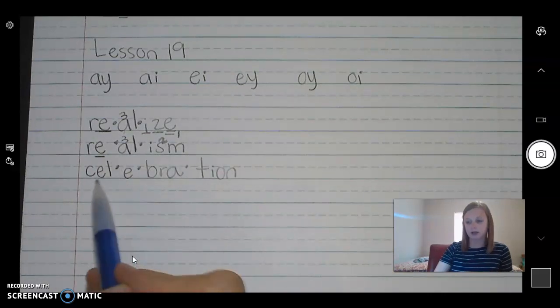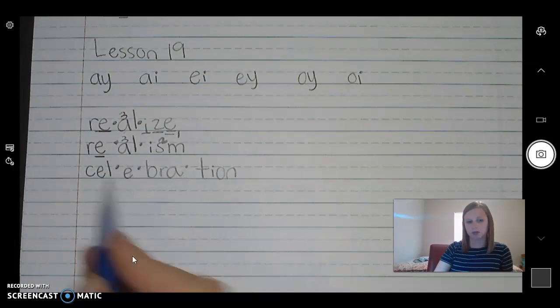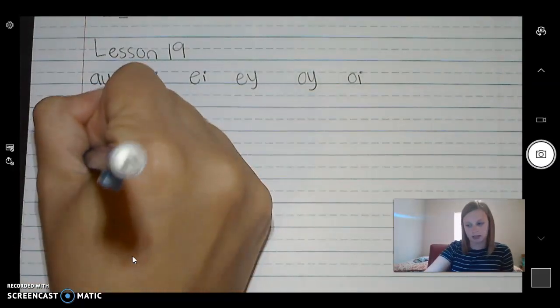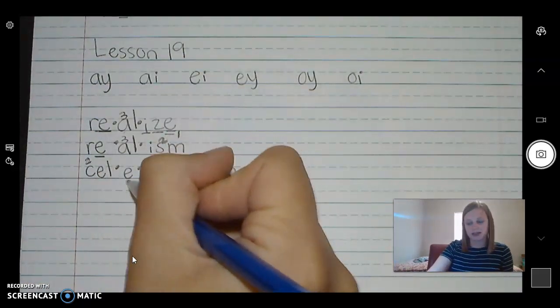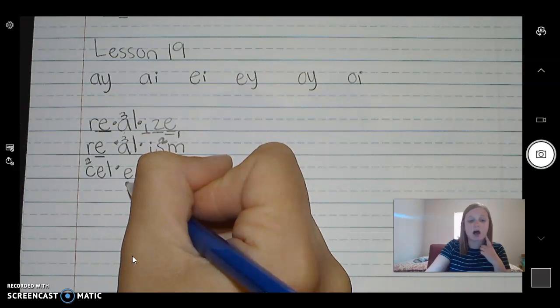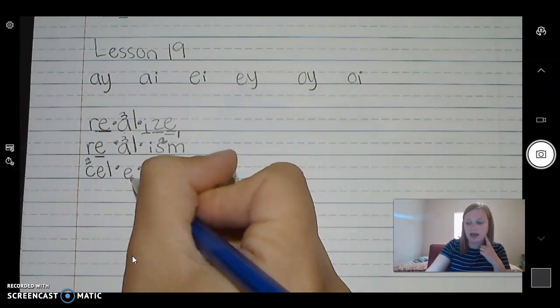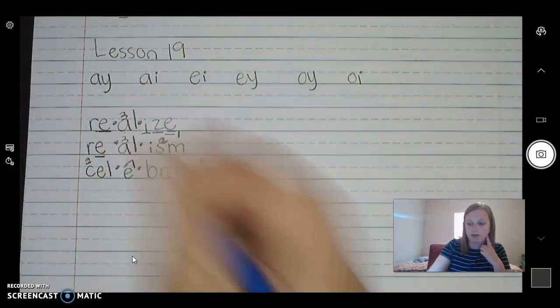So I've already got our syllable breaks in there because we said it slowly and broke it up into syllables. In our first syllable, our k is saying its second sound, so we need a 2 above it. In our second syllable, whenever we actually say and read the sound, we say celebration. So our e is not saying one of its sounds. We need a thinking cap above it.